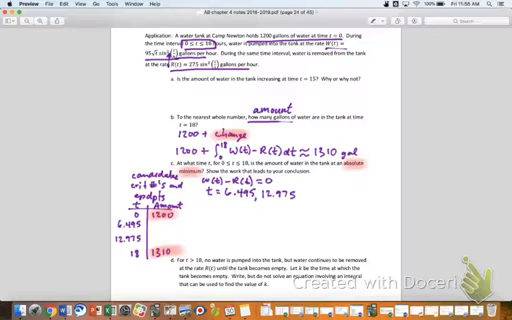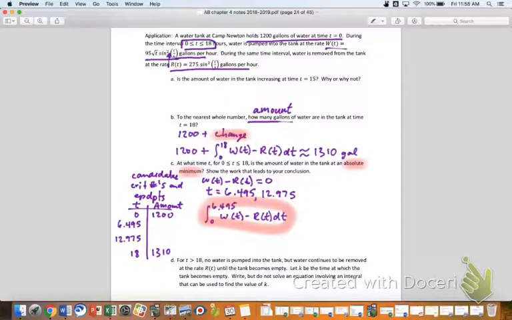Wouldn't you set the integral from 0 to that critical number? Oh, is that what you guys were thinking? Use the net change theorem. So let's start there. If I would say integral from 0 to 6.495 of the net rate, if that's all I wrote right there, the thing in the red box, what would be the meaning of the number that comes out of that?